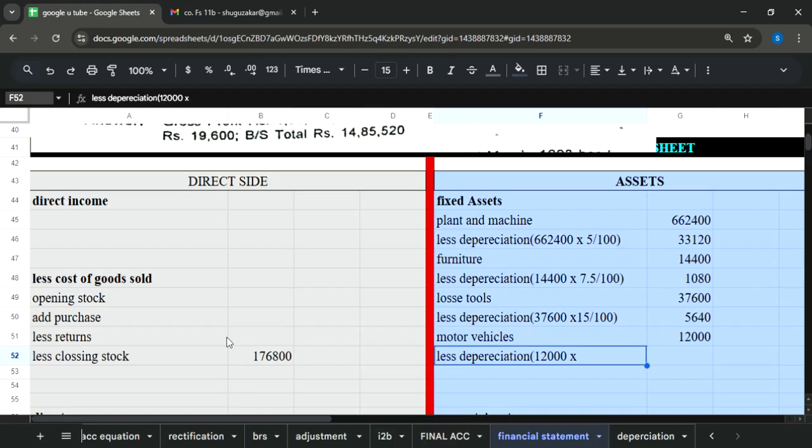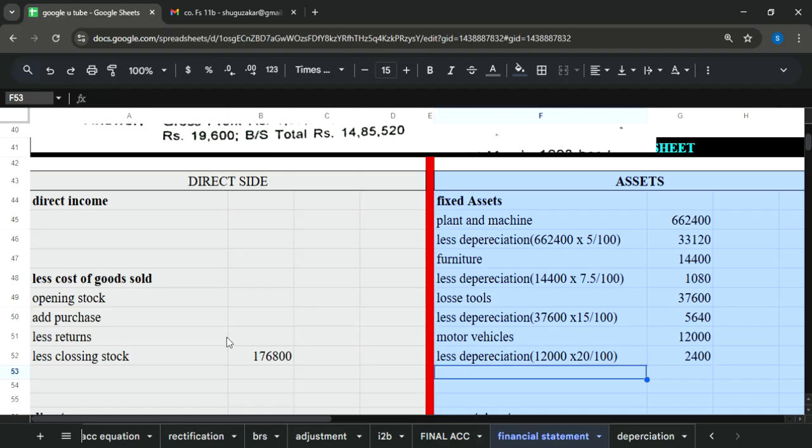So come over here and take 20%. So let me know what was 12,000. It was the amount or value of asset, value of motor vehicle, and then 20% was instructed.